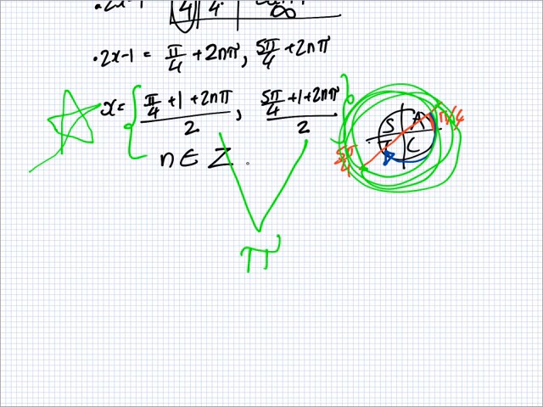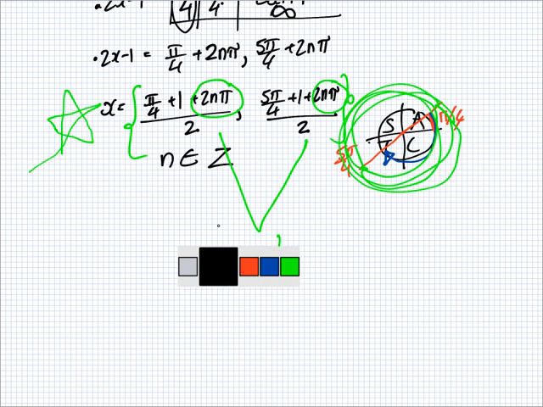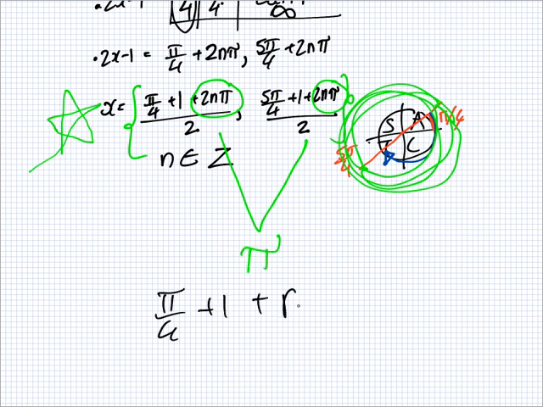So in this case, you can add an even pi, and in this case, because it differs by pi, you're adding an odd multiple of pi. So this is the even and this is the odd multiples of pi. In other words, you can have any multiple of pi. So you can combine these two answers into pi over 4 plus 1 plus any multiple of pi over 2.